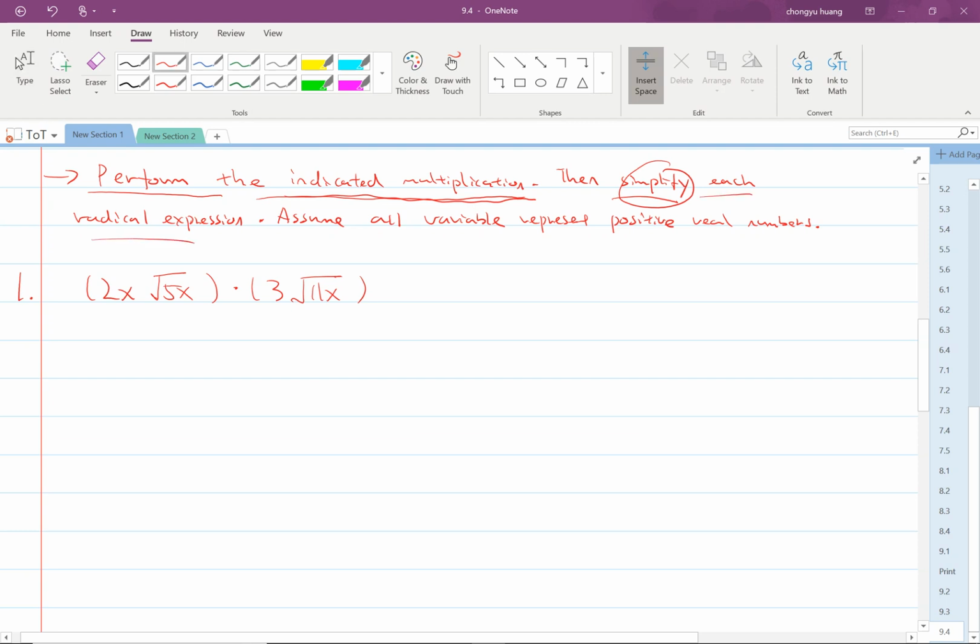We are assuming all the variables represent positive real numbers. So our major goal is to simplify those radical expressions, assuming those variables are positive real numbers.